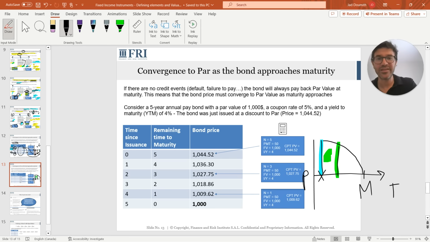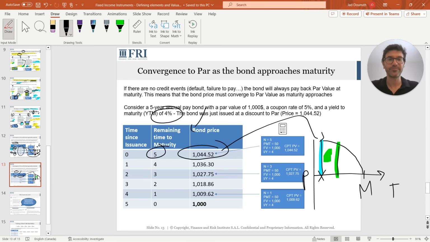This is translated here in this table. When the yield is 4% for our same bond and 5 years remaining to maturity, the bond trades at 1044. This is here, let's say. Now, as time passes, and even if the yield remains at 4%, it's okay. As time passes, as long as there are no credit events, no default by the issuer, then you will see that the price will fall actually over time, right?